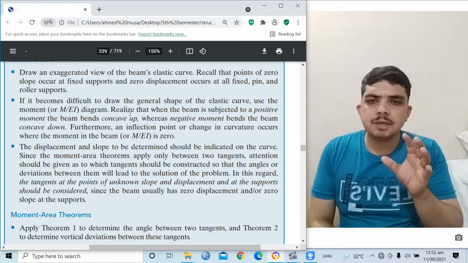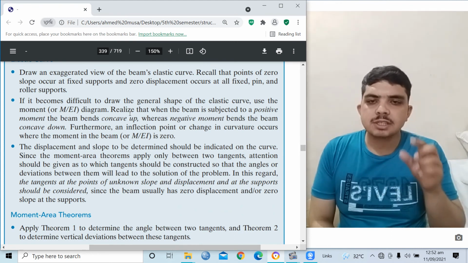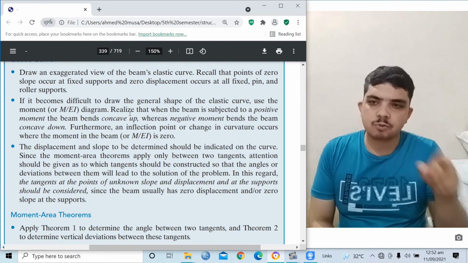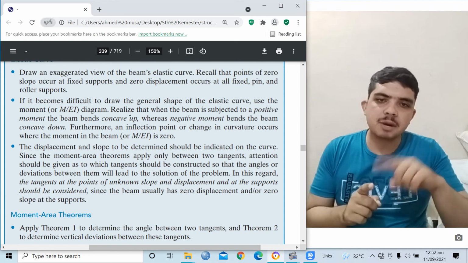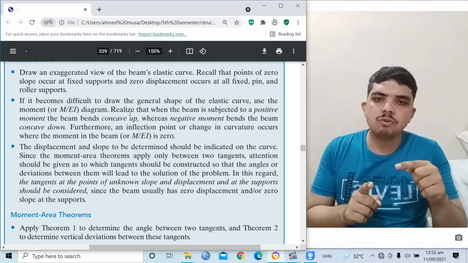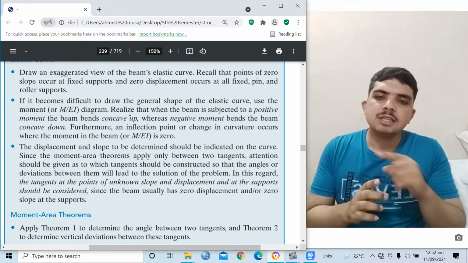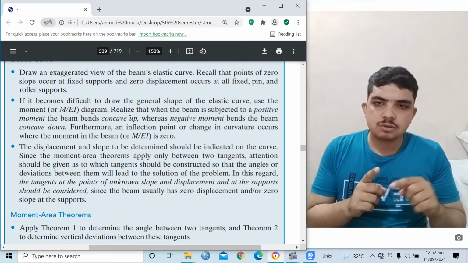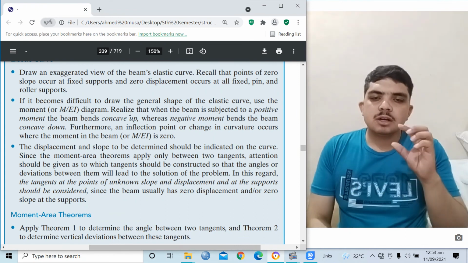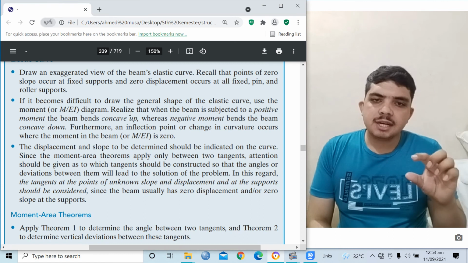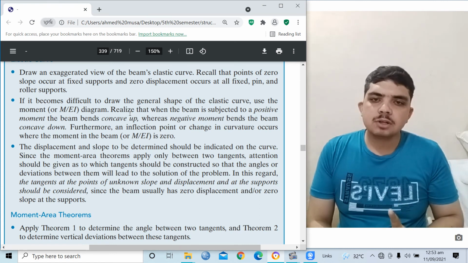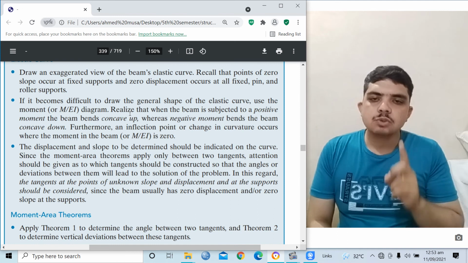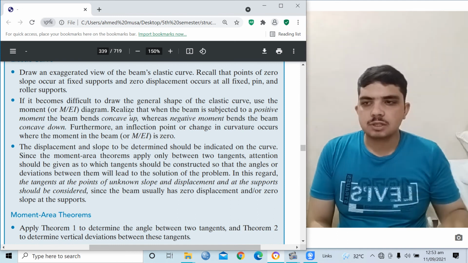If the beam moment is negative, the exaggerated curve will be upward, because when the bending moment diagram is positive the load is downward. Due to the downward load, the beam will deflect downward. If the M by EI diagram is negative, the load applies from downward to upward, so the beam will deflect upward.